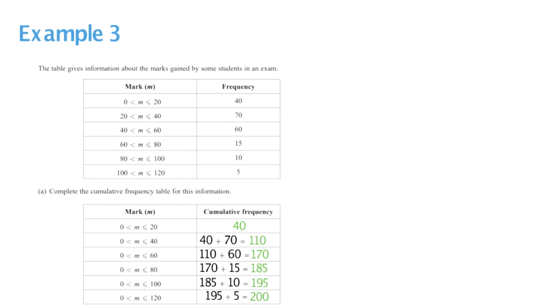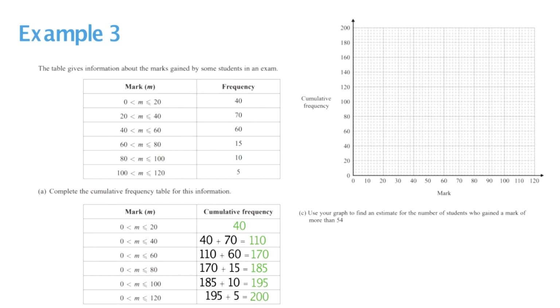So that's our cumulative frequency, and I thought you'd expect it coming. We're going to draw it onto a graph. So draw it onto the graph, plot your points, and then draw that S-shaped curve.